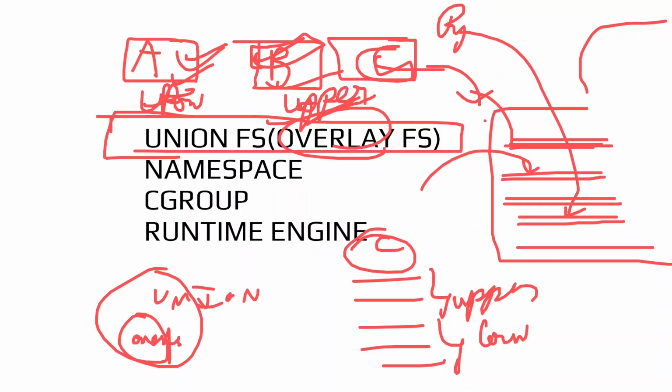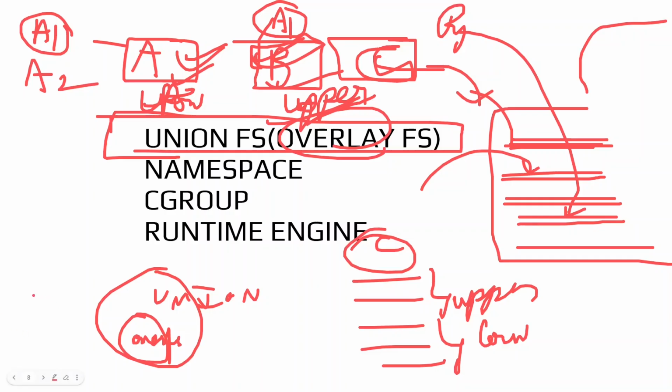Suppose lower has a file A1 and upper has the same file A1, then lower has a file A2 and upper doesn't have it. What happens when we merge these?